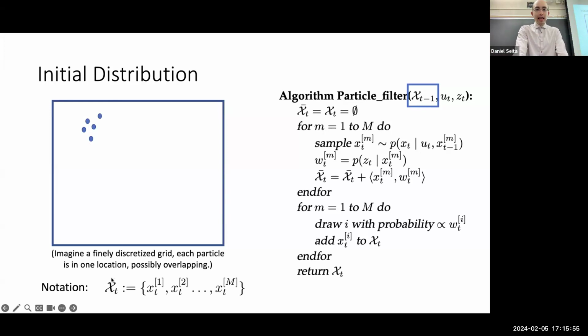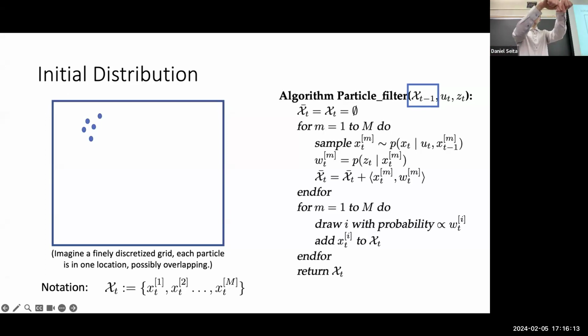Notationally, think of Xt as our set of samples in our current particle filter. A given set here describes our belief.